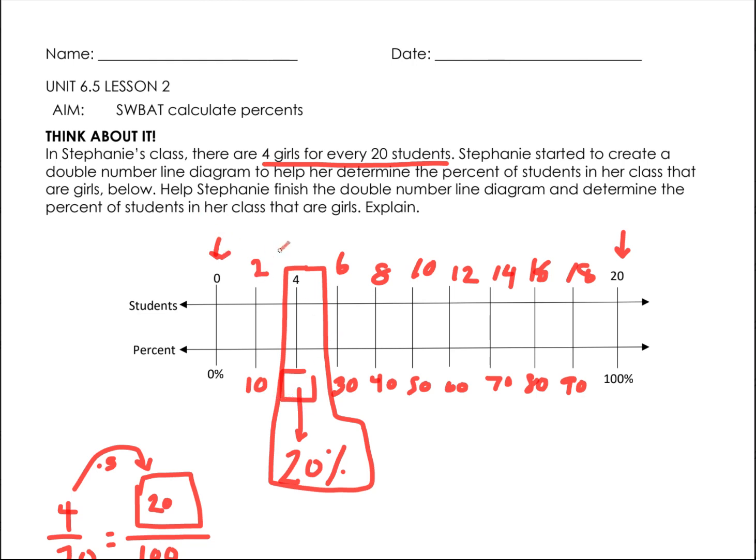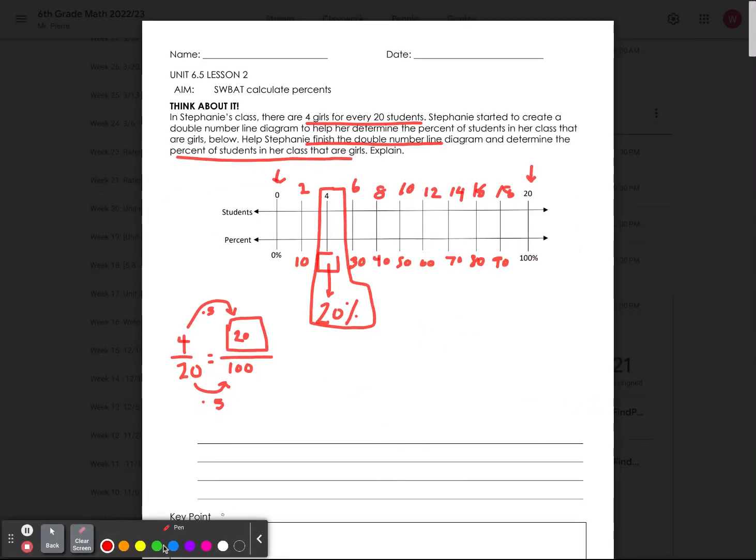So by just merely adding 2 to whatever our previous total was, and then adding 10 as a percentage, we're able to finish the double number line that Stephanie started and determine the percent of students in her class that are girls. And because there are 4 girls for every 20 students, it'd be 20% of the total number of students. Excellent. Let's move on.